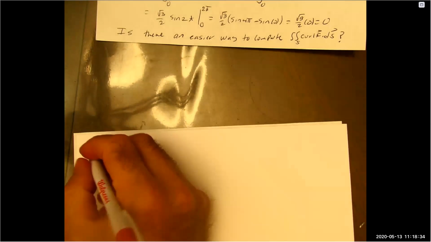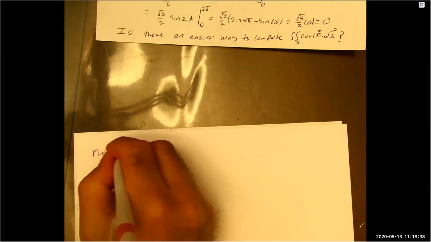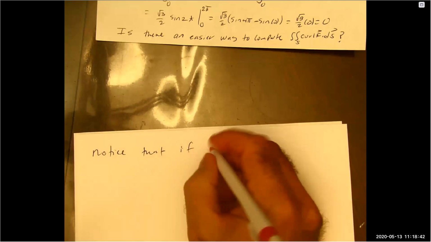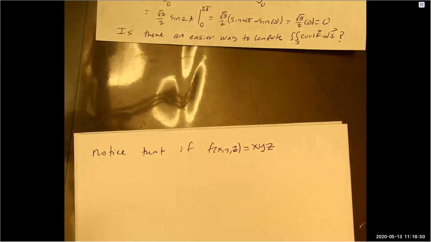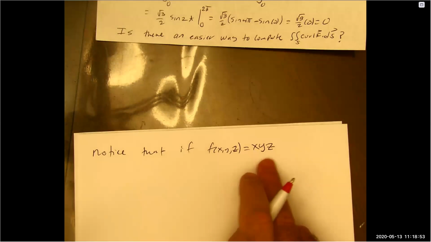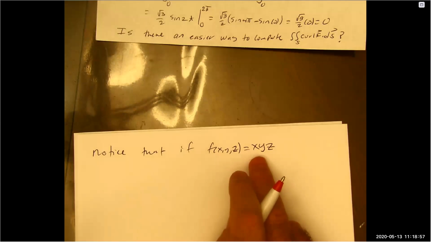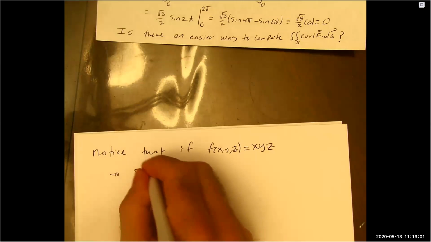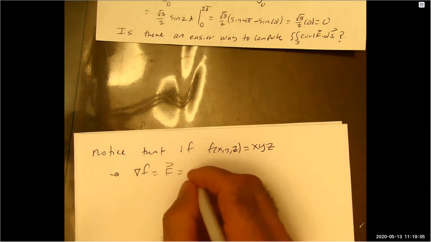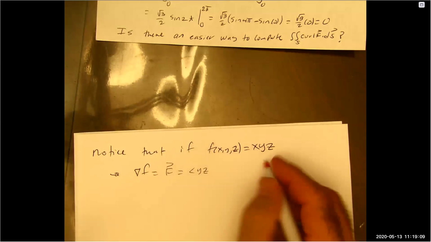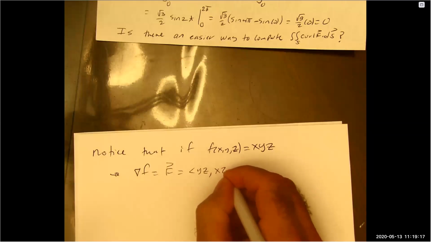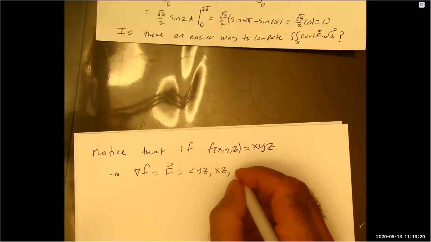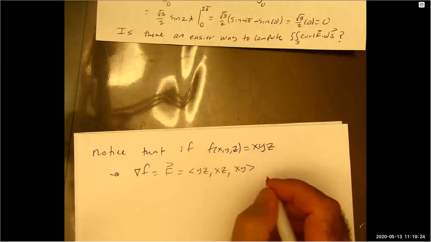And so if f of x, y, z is equal to x times y times z, then the gradient of f would be equal to F, which in this case is yz, because the partial with respect to x is yz, and then xz, because the partial with respect to y is xz, and then xy, because the partial with respect to z is xy.